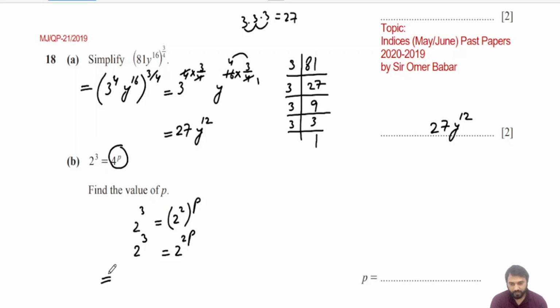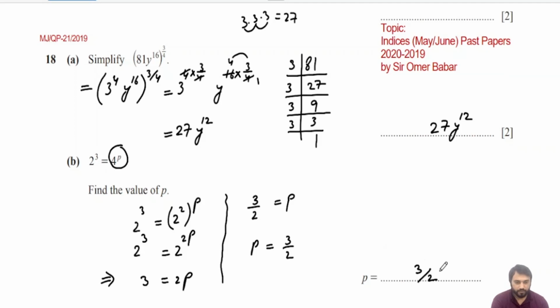We can apply the index rule. If the bases are equal, it means their powers are also equal. So 3 is equal to 2p. And now get the value of p. 2 is multiplying, when it moves it will divide. So I can write 3 over 2 is equal to p, or you can just flip it, p is equal to 3 over 2. So answer is 3/2.